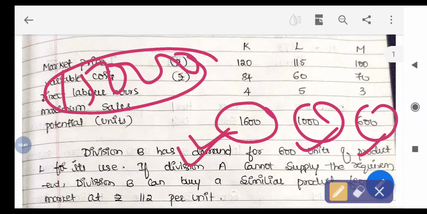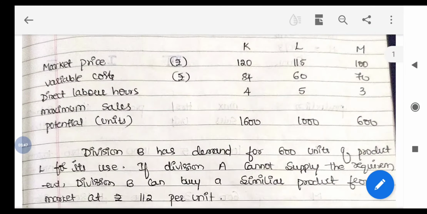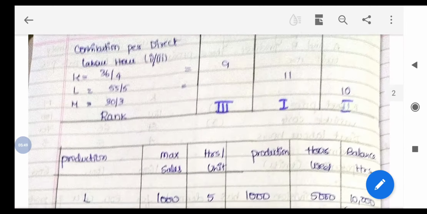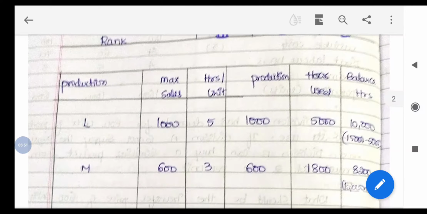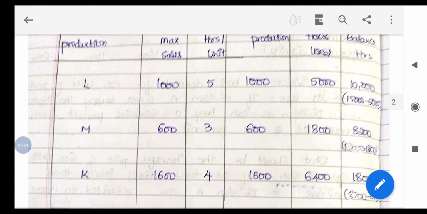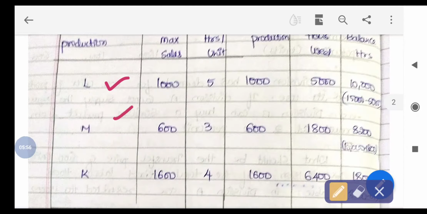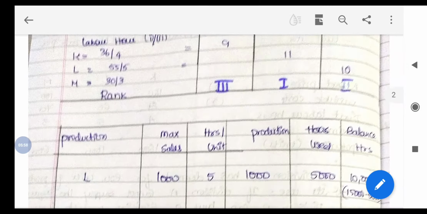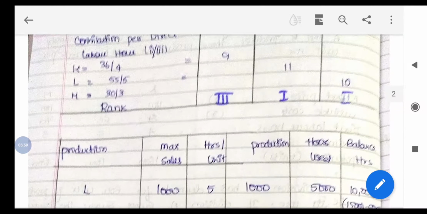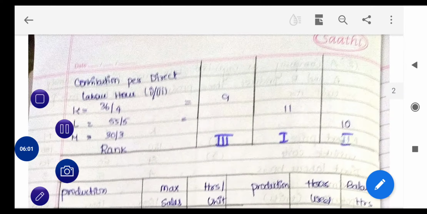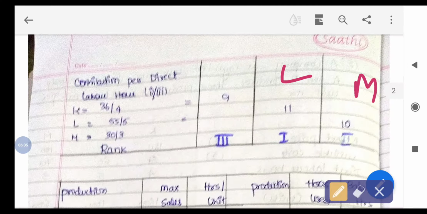If we deduct all these production hours, what hours will remain? We have to calculate that first. For calculating the balance hours, first is production of the three products L, M and K, taken on the basis of rank. The first rank is given for L, next is M and next is K. So we have taken it accordingly.